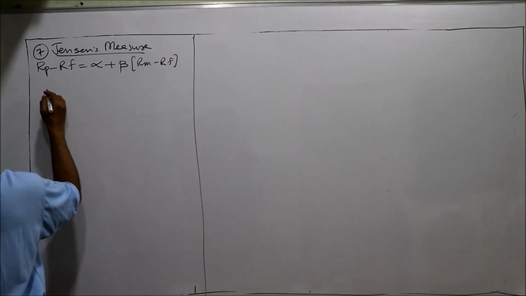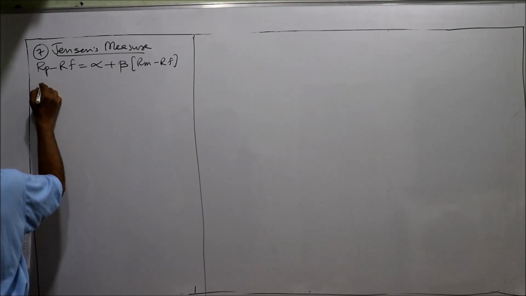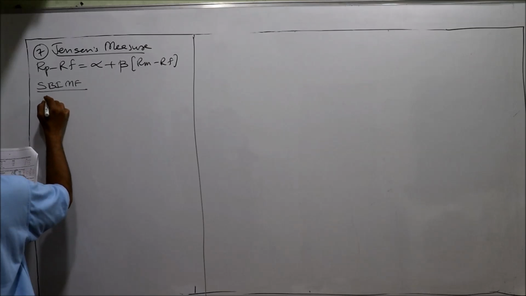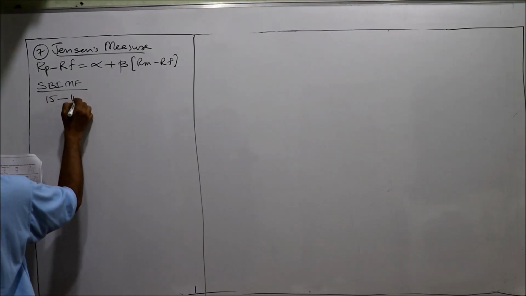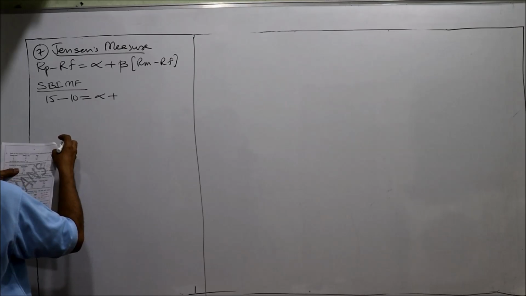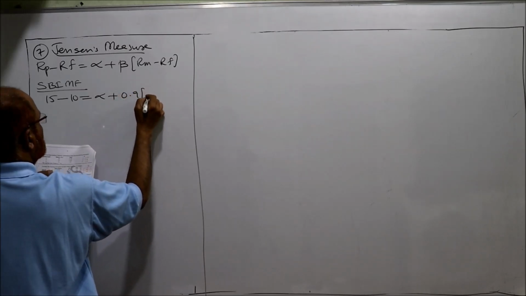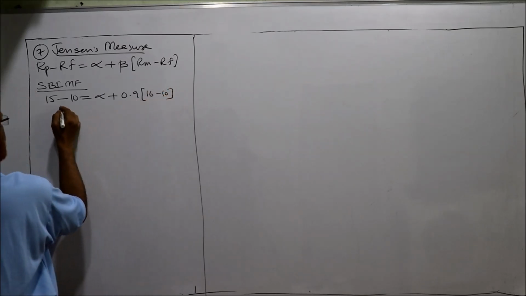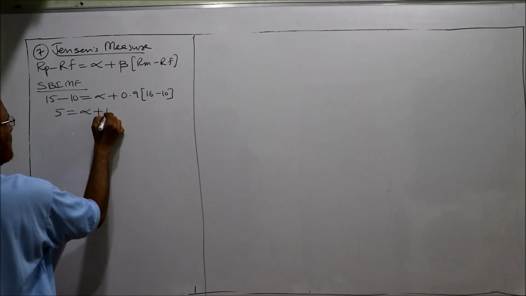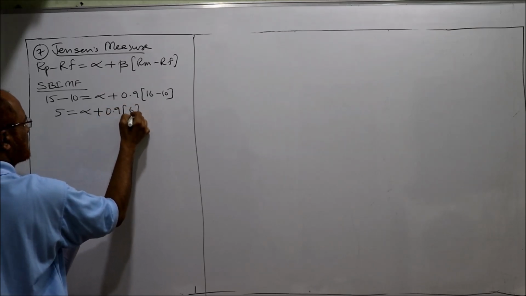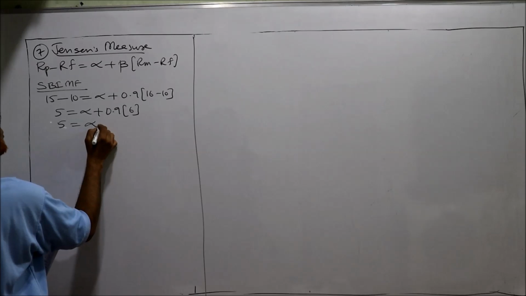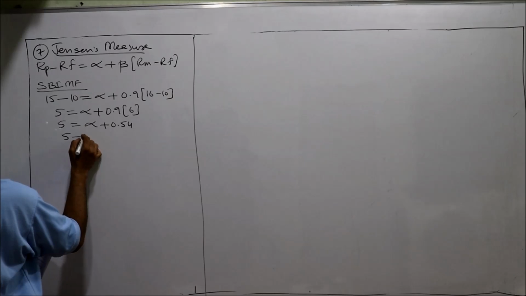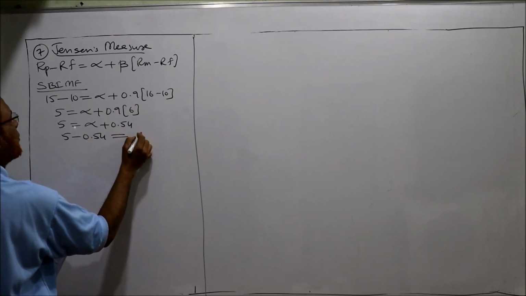Now we can calculate for each. First one is SBI mutual fund. The return is 15%. Risk-free rate is 10%. Alpha plus beta of SBI is 0.9 into RM, market return is 16% minus 10. 5 is equal to alpha plus 0.9 into 6. 5 is equal to alpha plus 0.54. 5 minus 0.54 is equal to alpha.